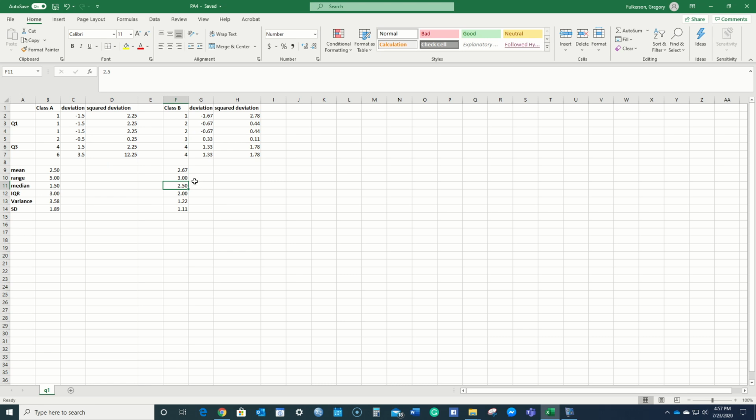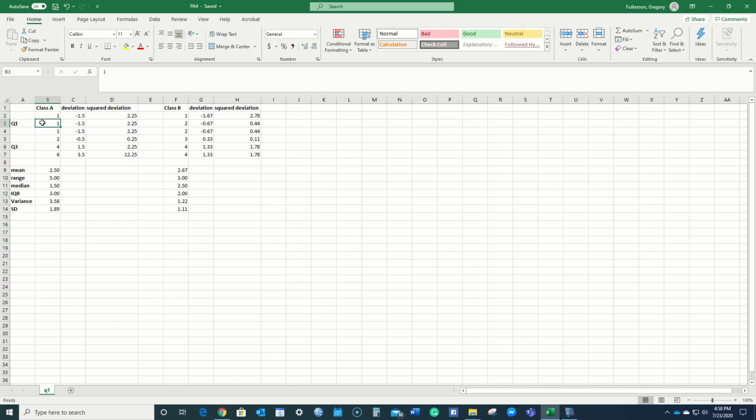All right. So to get the interquartile range, we need to subtract Q1 from Q3. So halfway between the median and the highest value is Q3. So that works out here to 4 for class A, and similarly 4 for class B. And then Q1 is going to be between the median and the lowest value of 1.